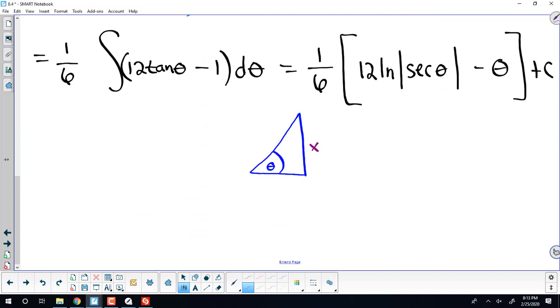Okay, so there's tangent of that angle. And the hypotenuse would then be what for this setup? Square root of x plus 1 squared plus 36. Yeah, it's basically what we started with, right? This thing.